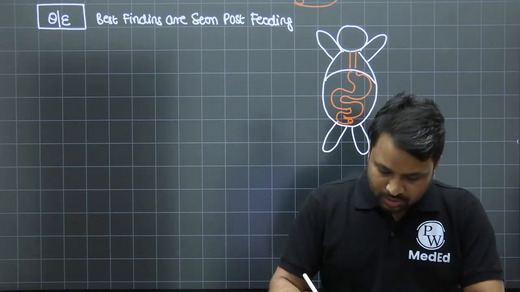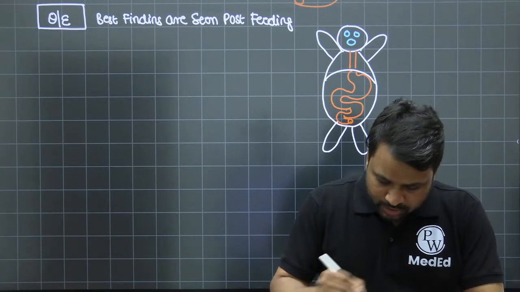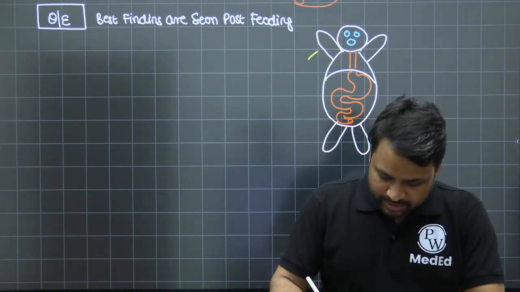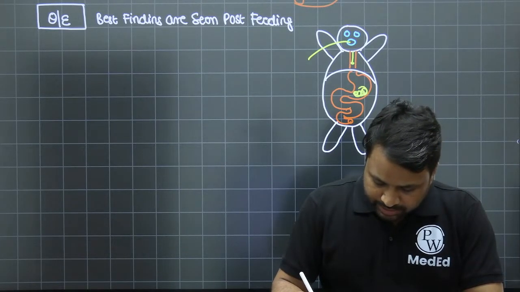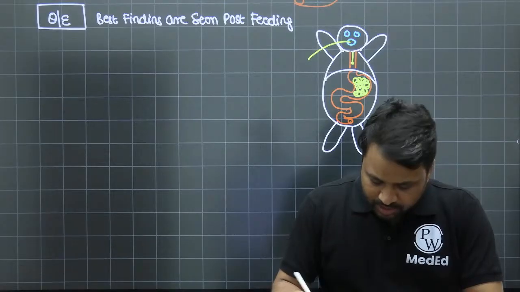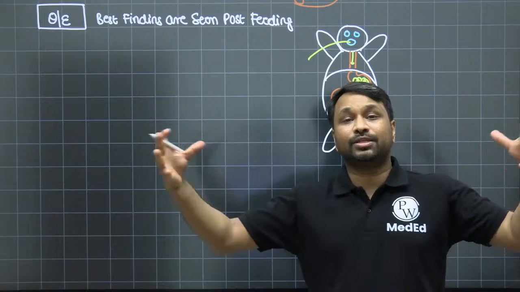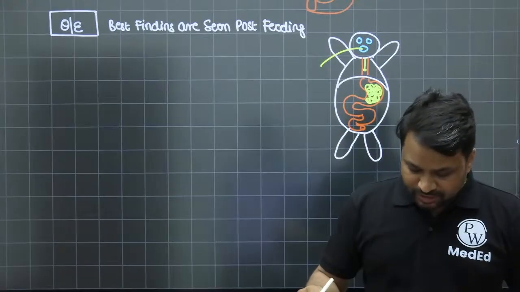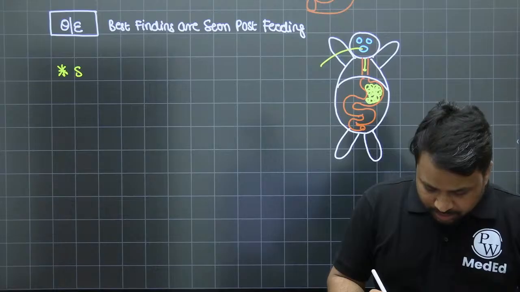Now once you feed the baby, the milk goes in and accumulates in the stomach, and the stomach is going to get distended.